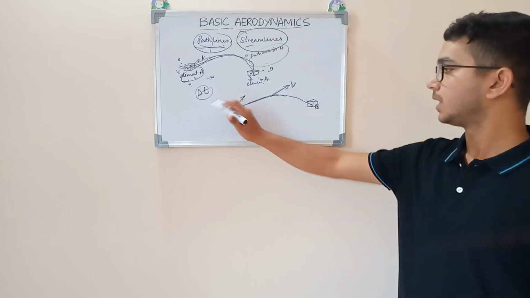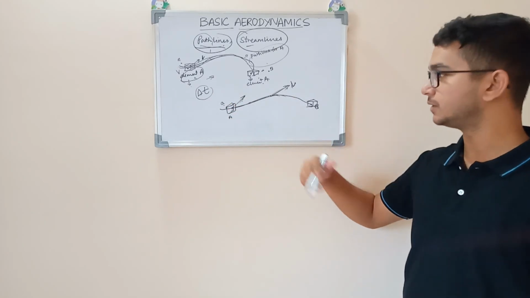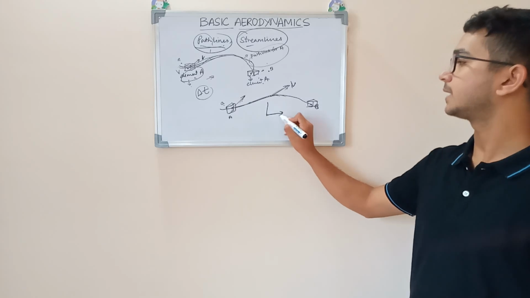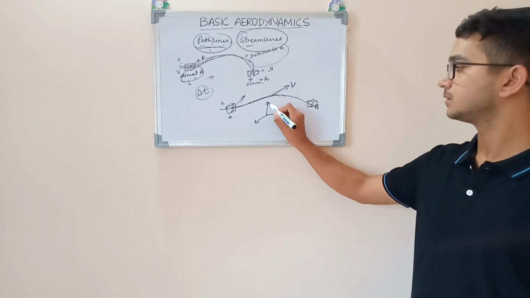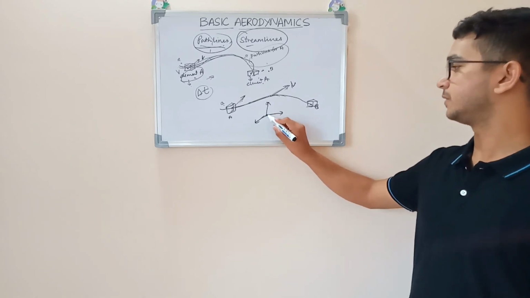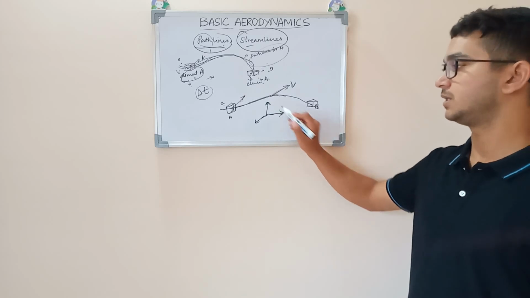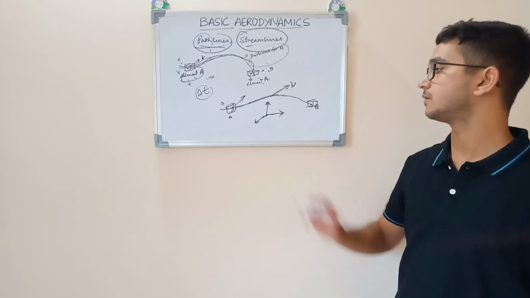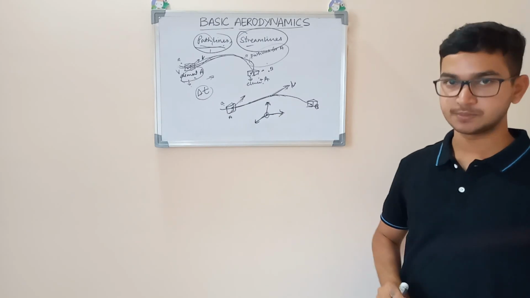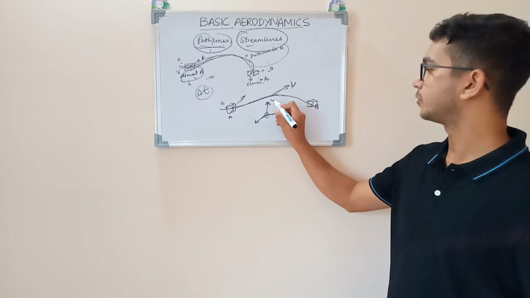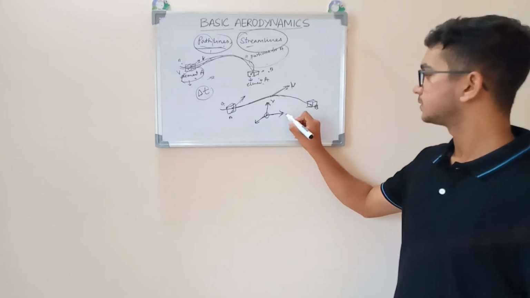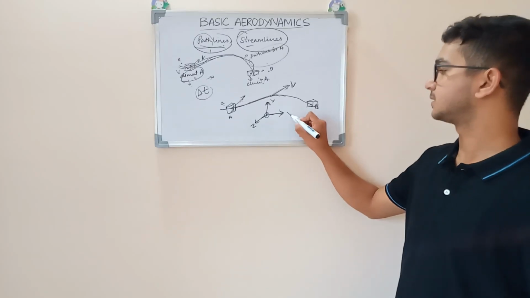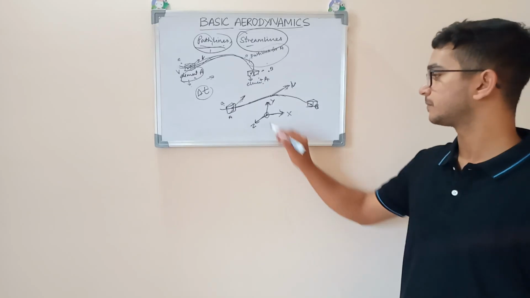For that, I am considering the same figure in which I am taking axes. This is something we usually do in each and every derivation in aerodynamics. We just draw and use the coordinates to make it more precise and very easy. So this is the z axis, this is x, and this is the y axis.